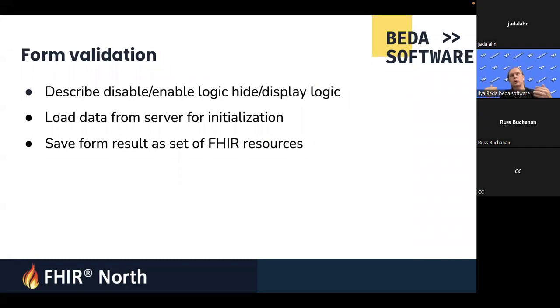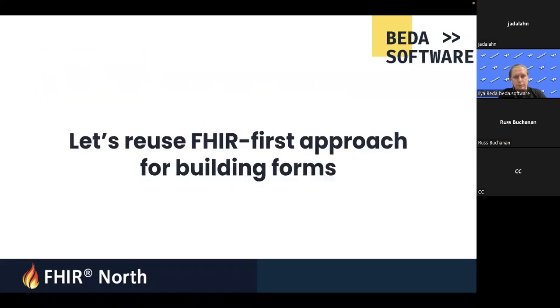And once a user performs any action and updates something in the form, you need to extract it back to FHIR resources. It looks like, and it really is, a lot of work. Lots of software developer effort will be required to implement all this stuff. So let's think about how we can reuse the FHIR first approach for building forms.